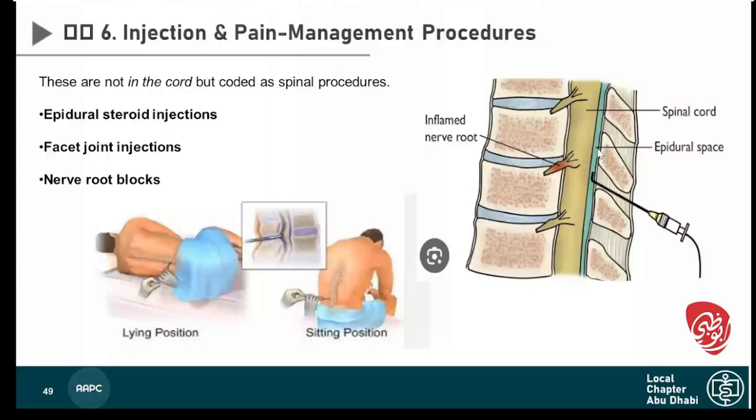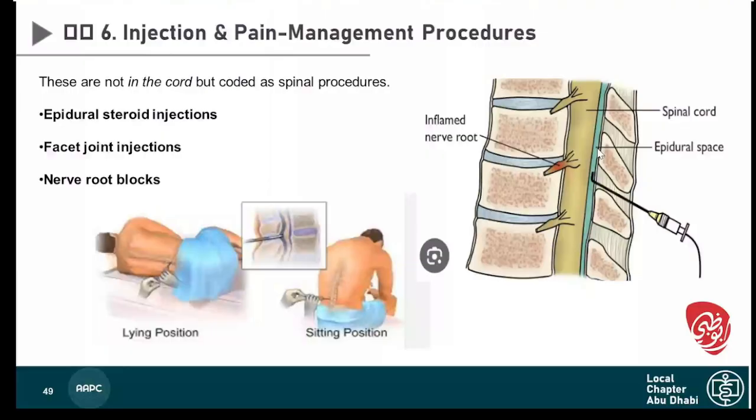So thoroughly read the documents, whether the patient is admitted for an epidural or for a facet joint injection, and report the appropriate code.